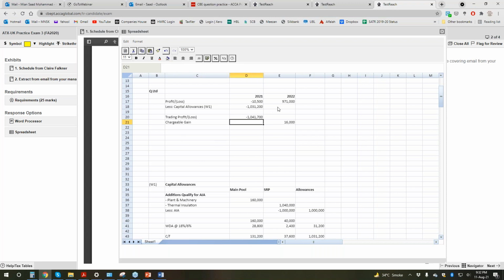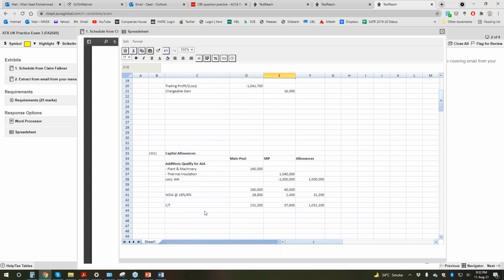Now, as I have to calculate capital allowances for both years, there is one thing that I have missed. Can anybody tell me in the question what is the thing that I have missed? Come on, guys, I need answers.